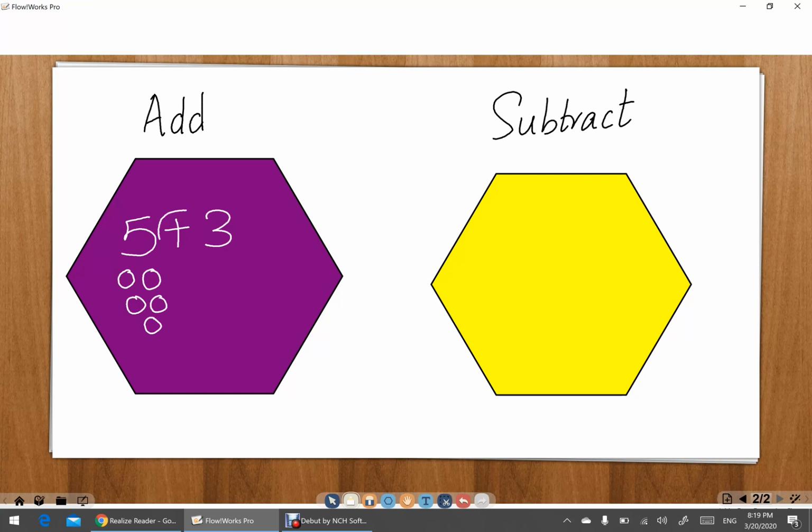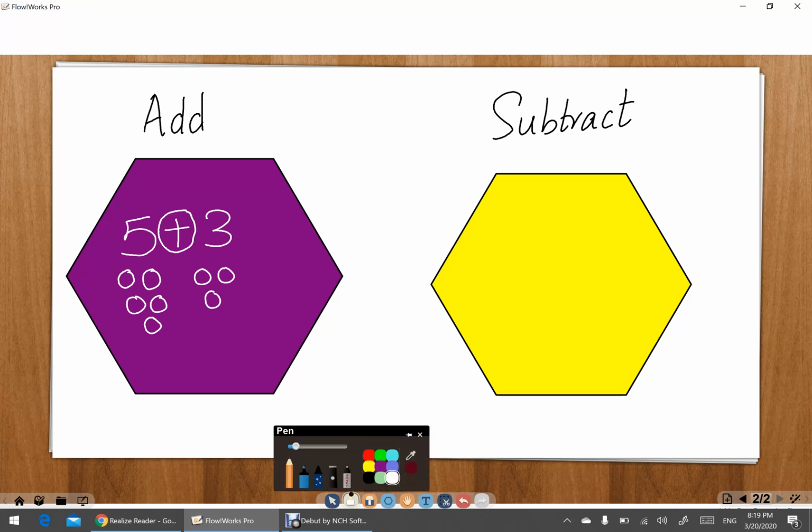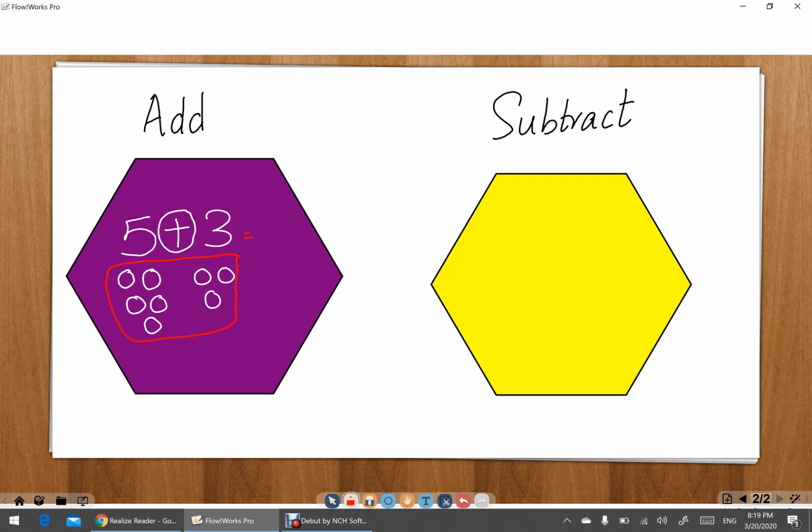Now plus over here means you will add more. So 5 plus 3, it means you will add 3 more. 1, 2, 3. Now when you add, you count all together. We learned this, right? So 5 plus 3, when you count all together, what's the answer? Let's count. 1, 2, 3, 4, 5, 6, 7, 8. This is how we add.